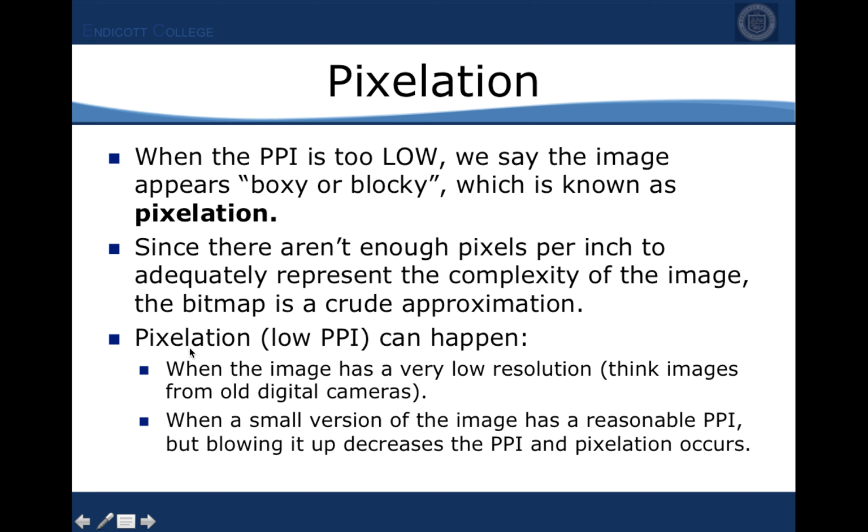All right, so when do we typically encounter a low PPI or pixelation? Well, if you've ever taken a look at an image that was captured on an older digital camera, maybe from 15 or 20 years ago, in the earlier generations of digital cameras, they didn't have great resolution. They weren't doing 2 megapixels. They were doing, who knows, maybe 50,000 pixels.